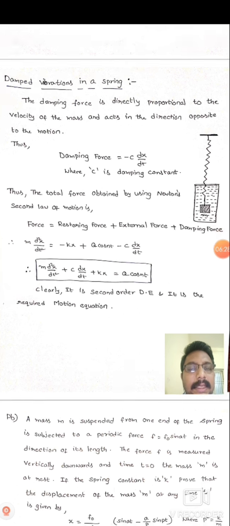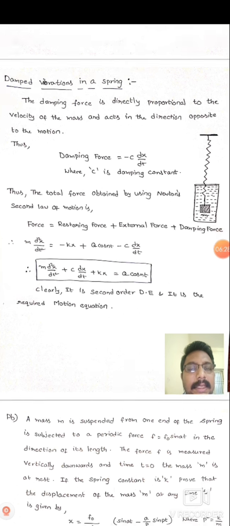Now rearranging the terms, we will have m d square x by dt square plus c dx by dt plus kx equal to q cos nt. Clearly it is a second order differential equation, it is the required motion equation.